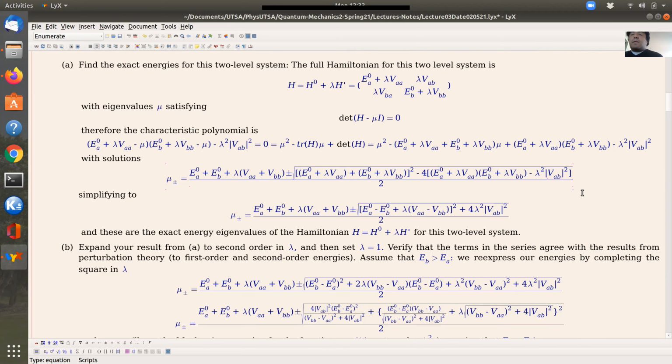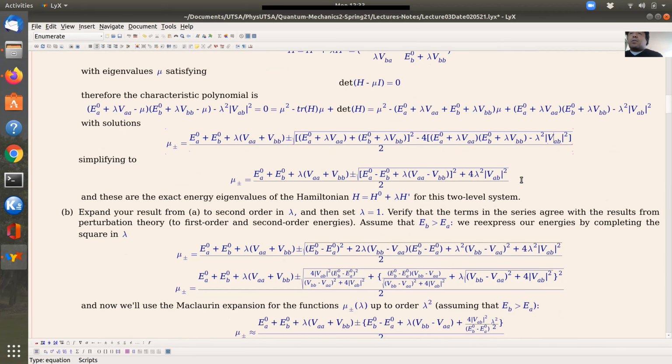So I can do some simplification just by noticing that actually, look, if I were to expand this by taking the square, I would have the square of this plus the square of this plus the double product of this times this. And here I have minus 4 times actually the double product of this times this.